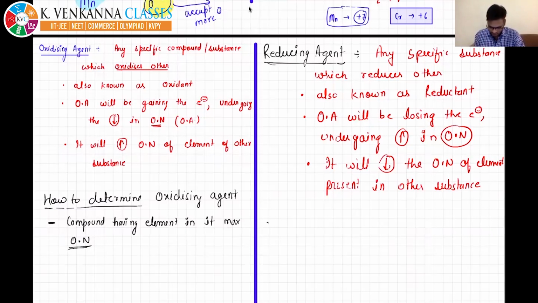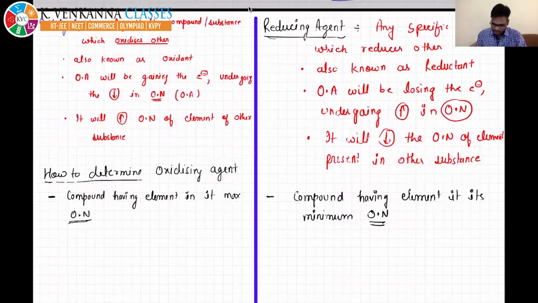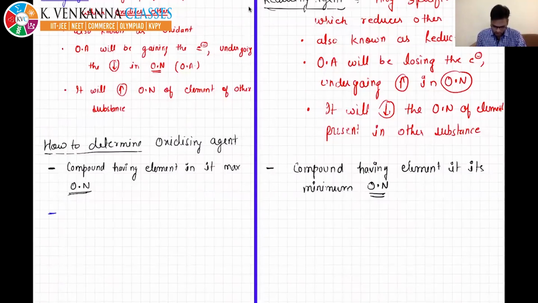The similar rule is for reducing agent: a compound having an element in its minimum oxidation number.